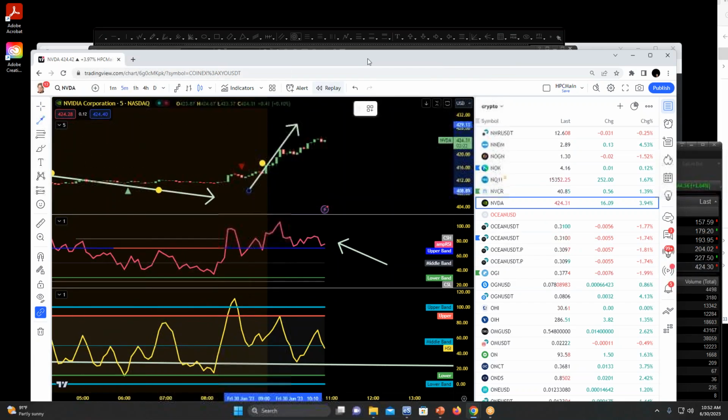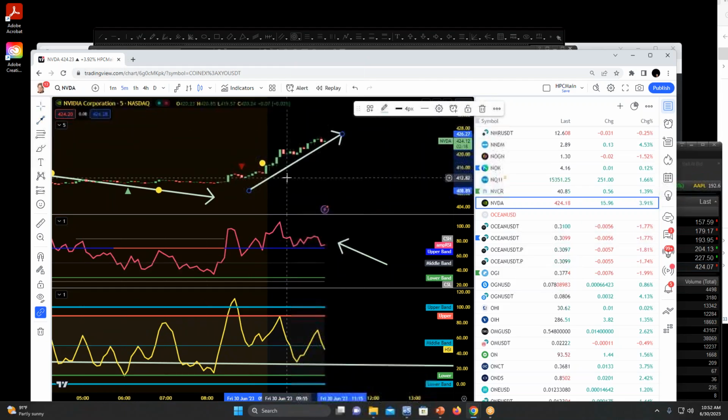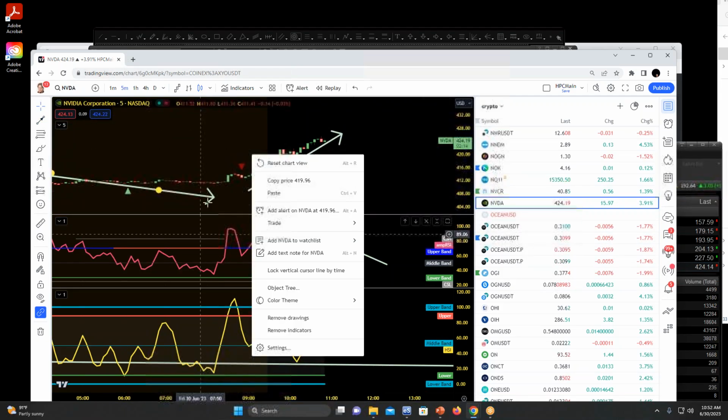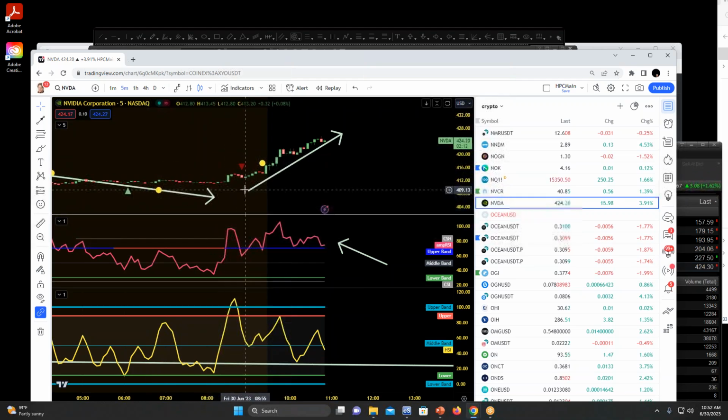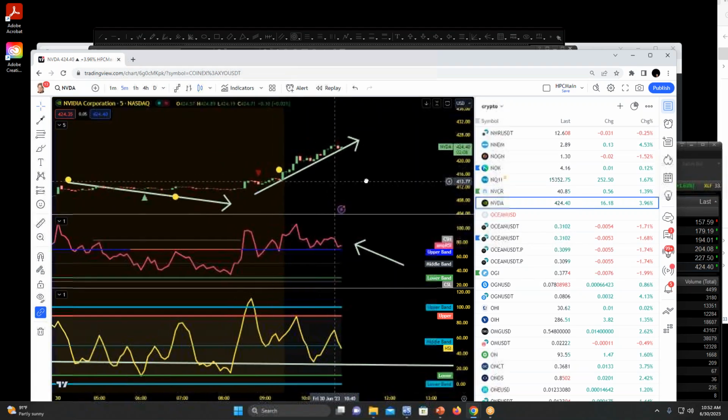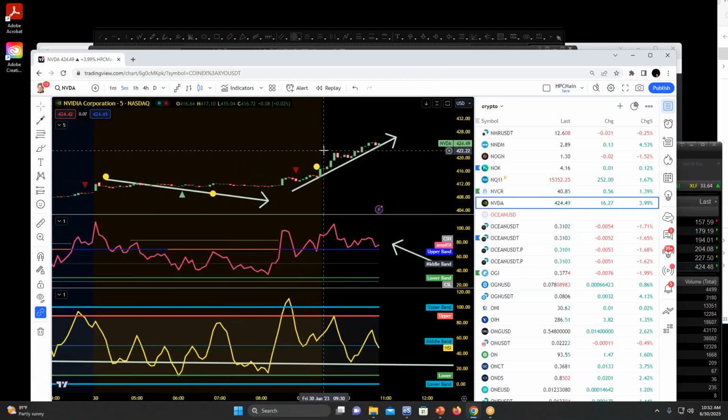You're still riding that 5-minute trend line. Wait for that thing to break. Try to give it more time. But again, we're never displeased if we reach our minimum objectives and maximum objectives.